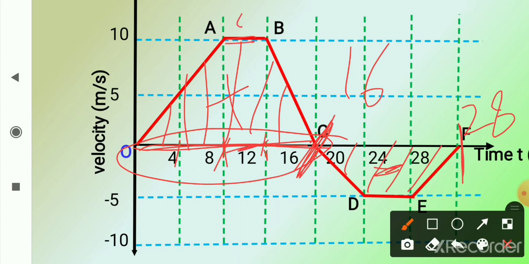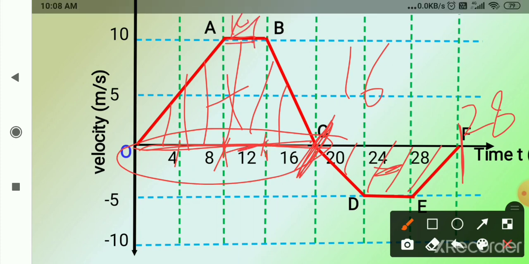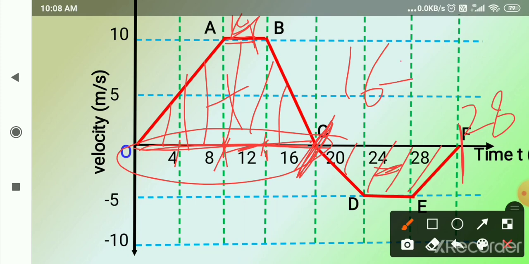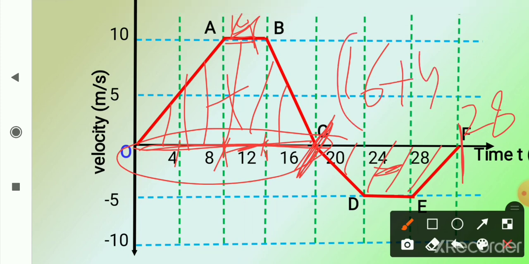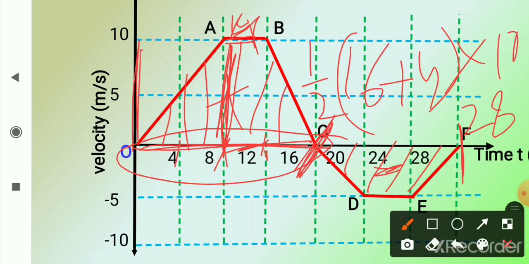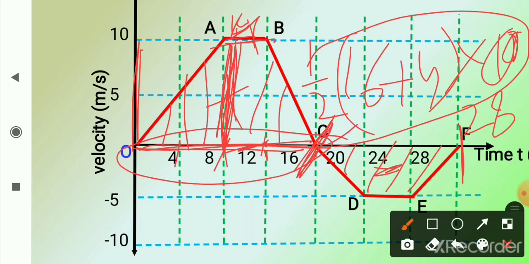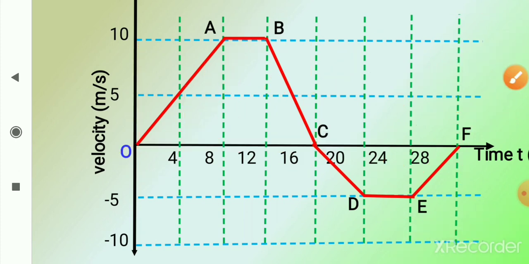This is 4. So, it is 16 plus 4, sum of parallel sides, half into height. Now, the height of this trapezium, you can see from here to here, it is parallel to this, 10. So, height is 10. So, the area will be half B1 plus B2 into height, which is 10 and positive.